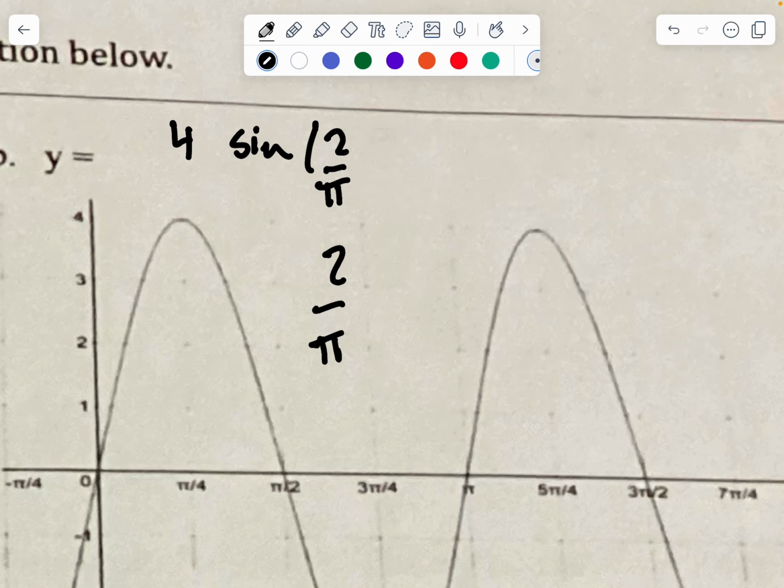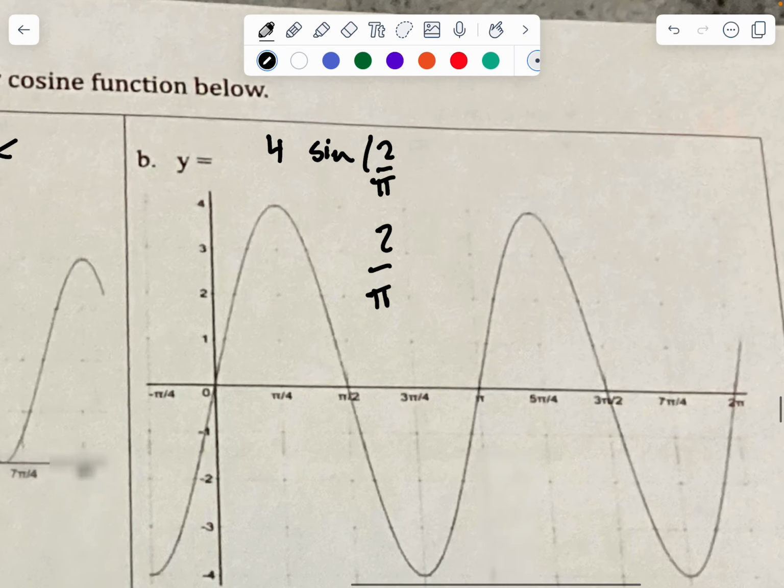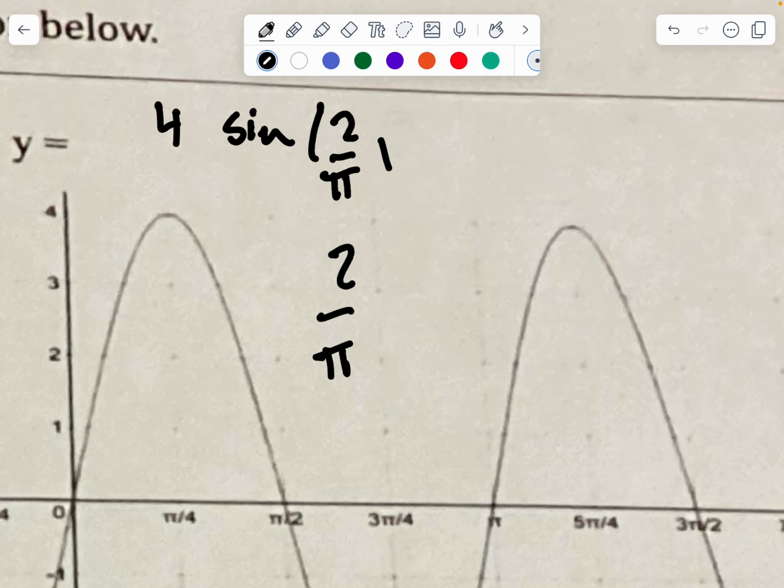What the hell? x. I'm lost right now. Forgot how to do this stuff. Hope you know how to do it. Alright. Plus k. No shift. So that's going to be sine.